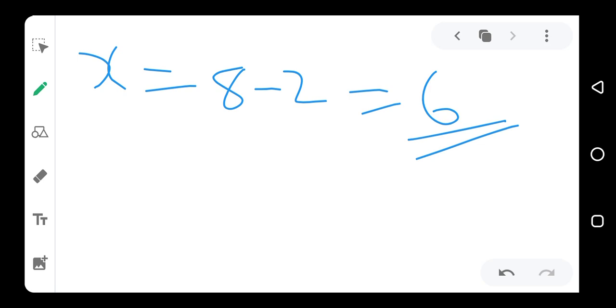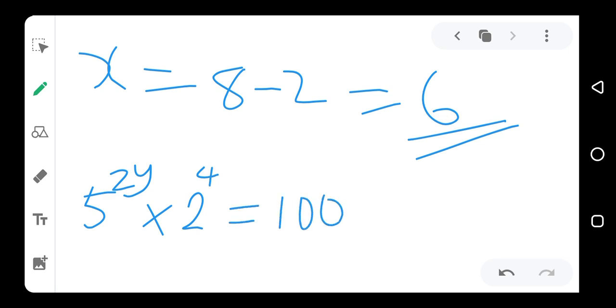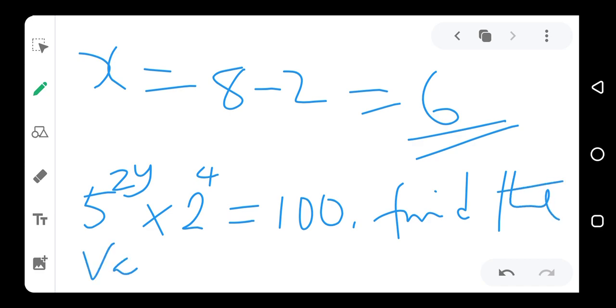Now let's look at this example again. We have 5 raised to power 2y times 2 raised to power 4 is equal to 100.